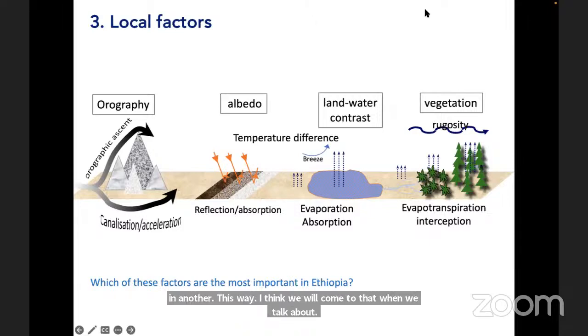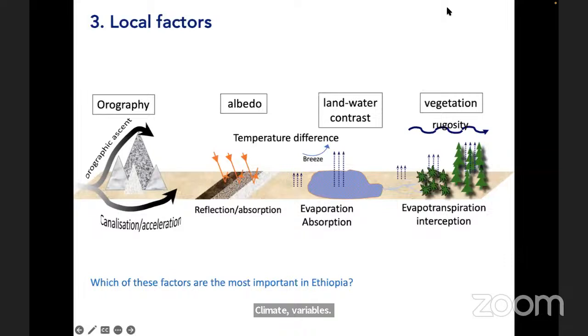Let me see if there are any other questions before I go to the next one. I'm looking at the question section. Can we do climate change impact auditing at the national level by considering the balancing effort done by the government?